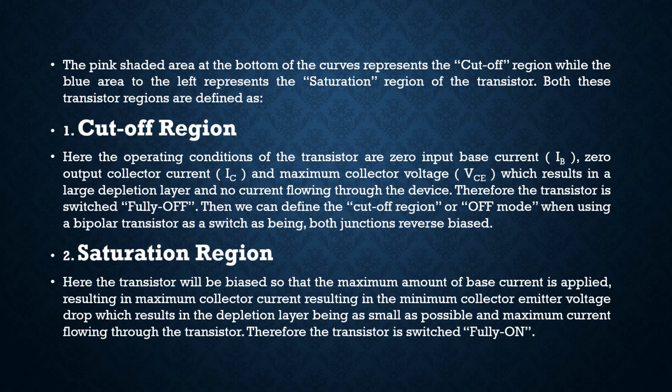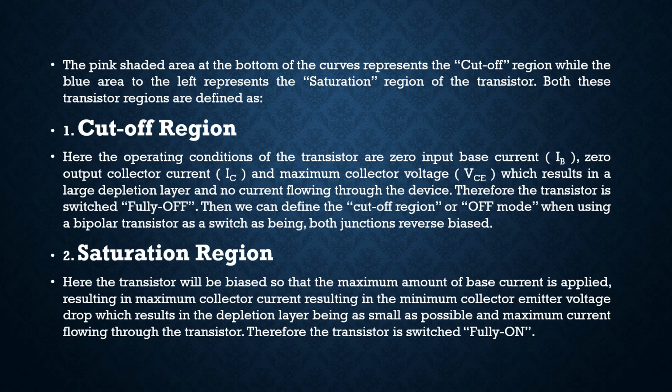Here the operating conditions of the transistor are zero input base current, that is base current is 0, collector current is 0, and maximum collector voltage, which results in a large depletion layer and no current flowing through the device. Therefore, the transistor is switched fully off.